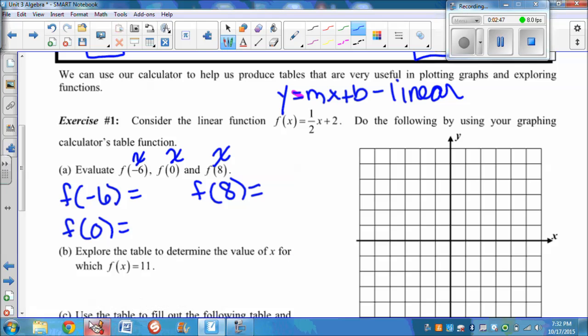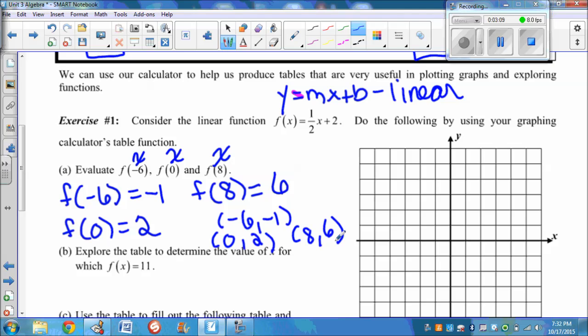So let's write those down. So at -6, it was -1, 0, it was 2, and 8, it was 6. So now we could write those three as points as well, which tends to make a little bit more sense. So -6, -1 is a point on our graph, 0, 2, and 8, 6.